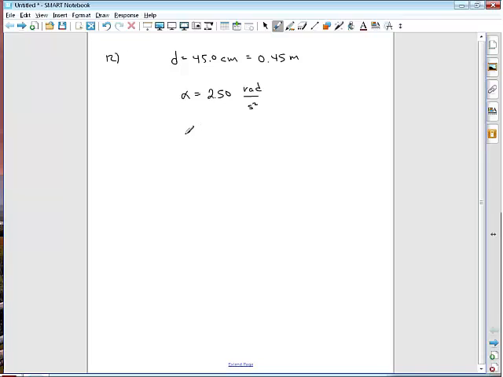So what it's saying is theta 0 is equal to 1 radian. 57.3 degrees is 1 radian. You can do that by converting degrees to radians. And then we're going to have some theta at some later time, which we're going to figure out.